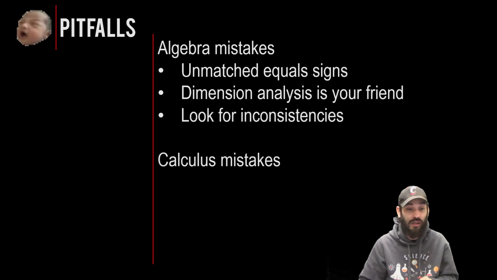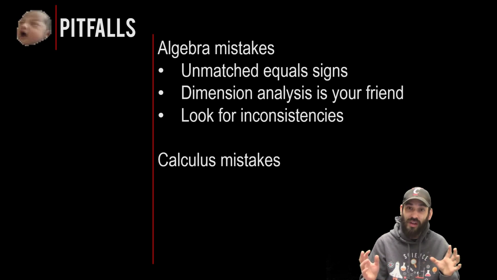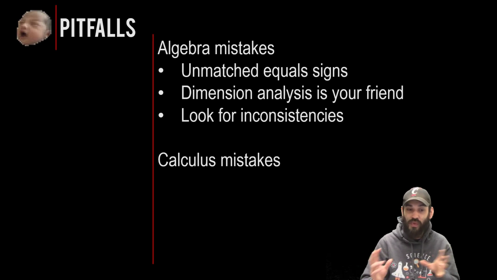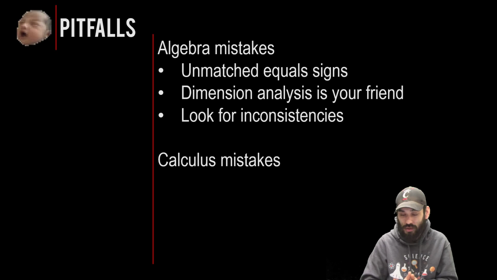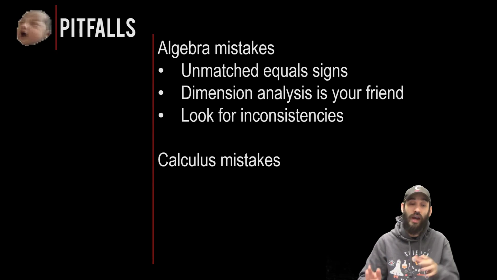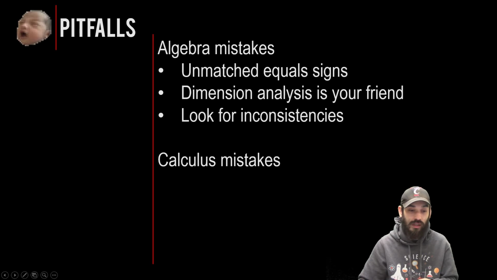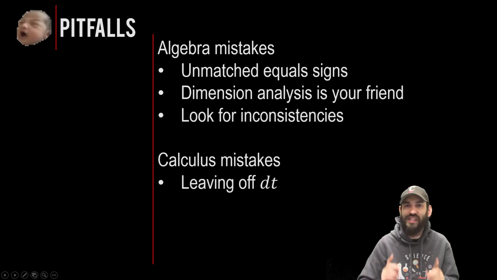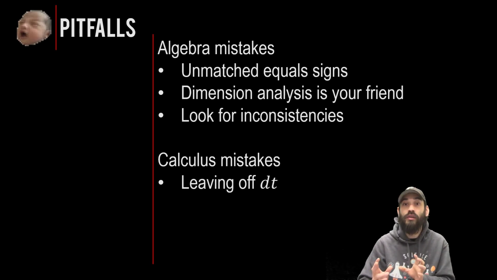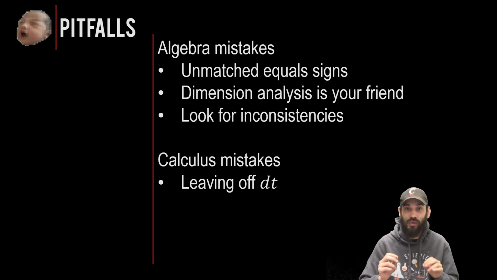Okay, calculus mistakes. Calculus is new to a lot of you, and I want to point out a couple of things that you might be doing, so that as you're looking for your inconsistencies, you can try to spot these things, which will help you in the end. The first one is leaving off a dt. When you're doing an integral, it's always important to include what you're integrating with respect to.